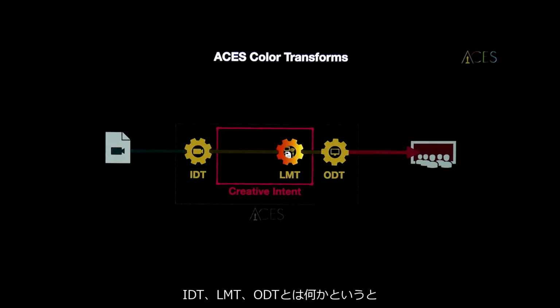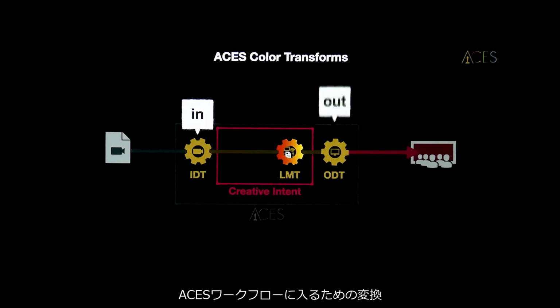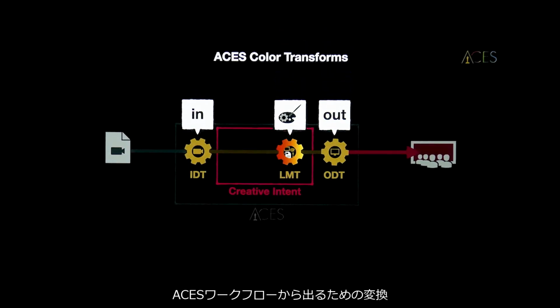So IDT, LMT, ODT, what is that? Well, it's a transformation for entering into the ACES workflow, another for exiting from the ACES workflow, and another in the middle to create the look or to apply the look that someone else already created. So where we are in here, visual effects artists, compositors, we are in there.